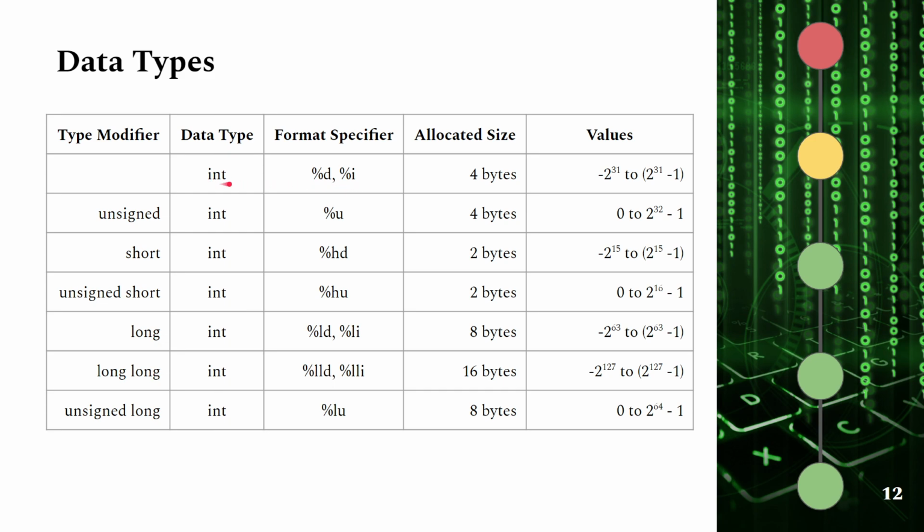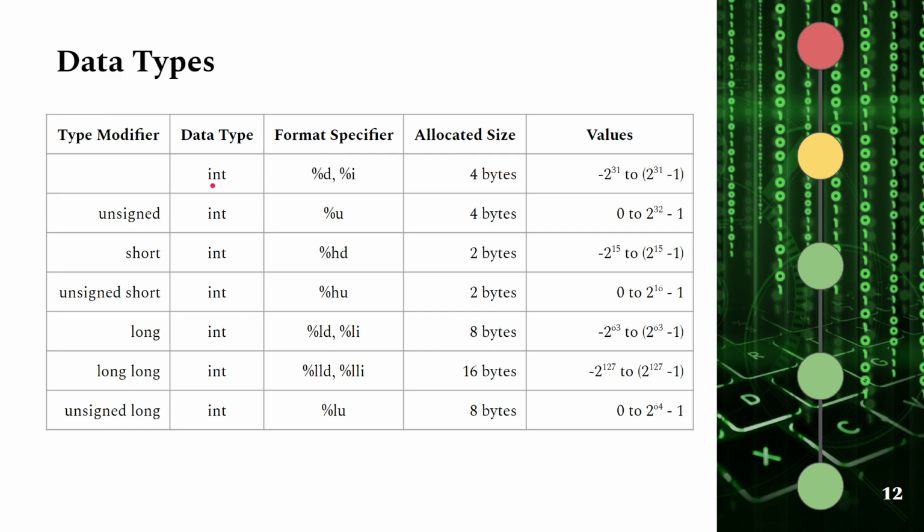And usually integers are represented using 4 bytes. 4 bytes means 4 into 8, that is 32 bits. But we do need to express a sign. Hence, we have to delete 1 bit. We are left with 31 bits. So it will start from -2 to the power 31, and it will go till 2 to the power 31 minus 1. This minus 1 is because of the 0 in the middle.